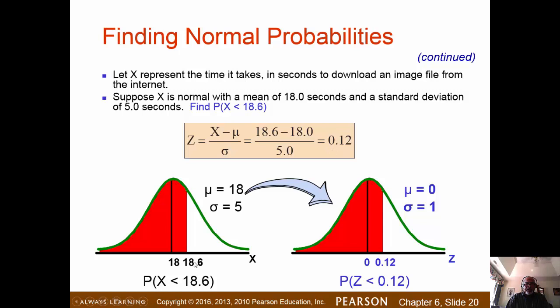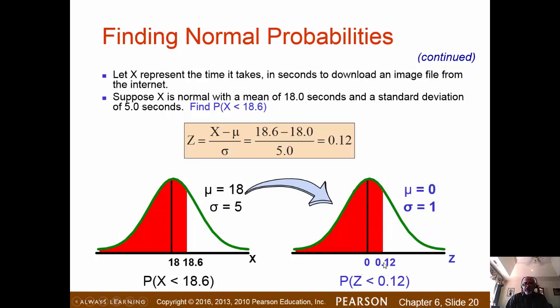Which means x of 18.6 with mean of 18 and standard deviation of 5 is the same as z of 0.12. So the probability for x less than or equal to 18.6 is the same as the probability z less than or equal to 0.12.